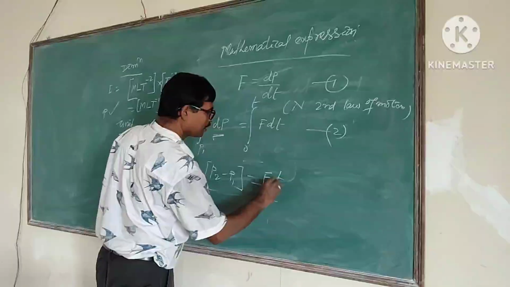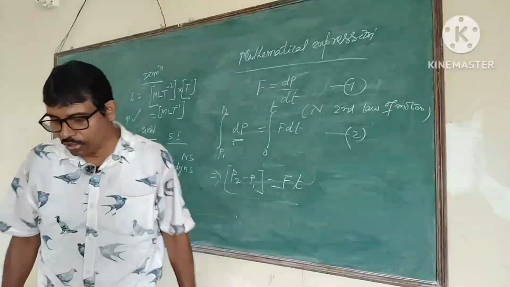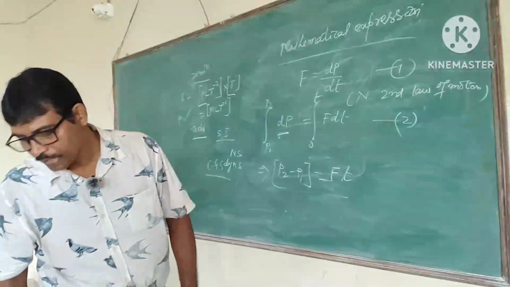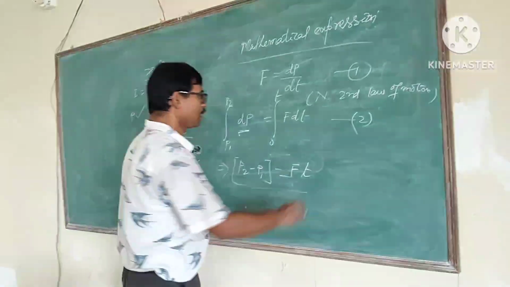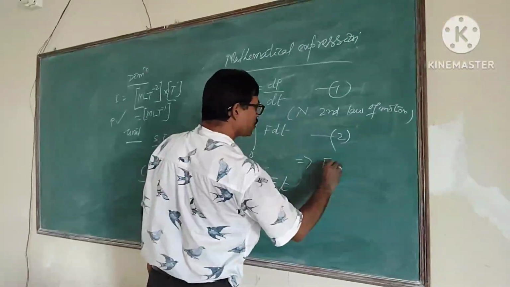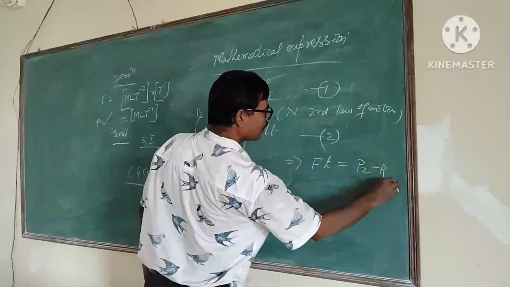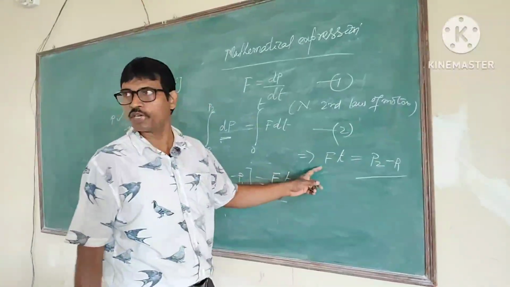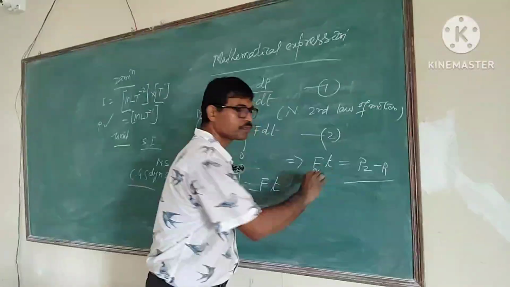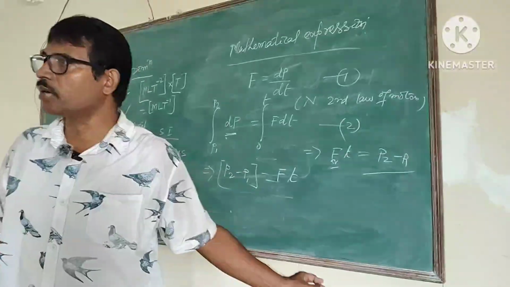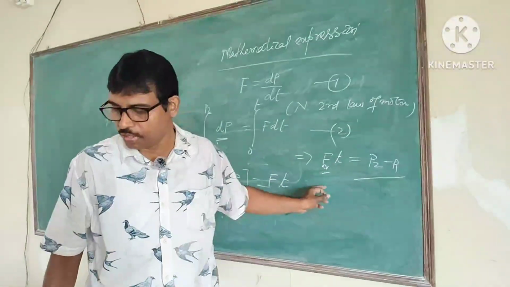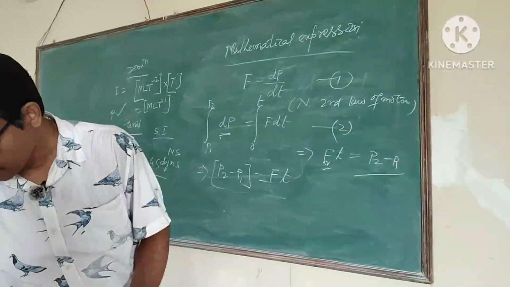So it is Ft. Ft is equal to p2 minus p1, and this force is the average force. So change in momentum is equal to the impulsive force.